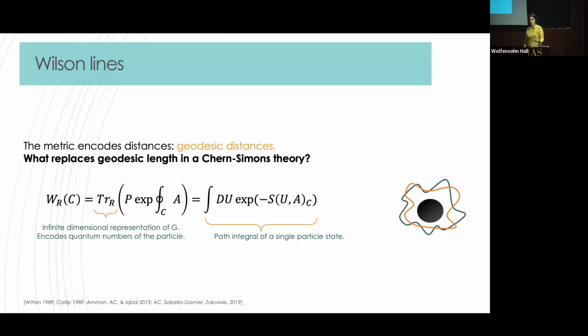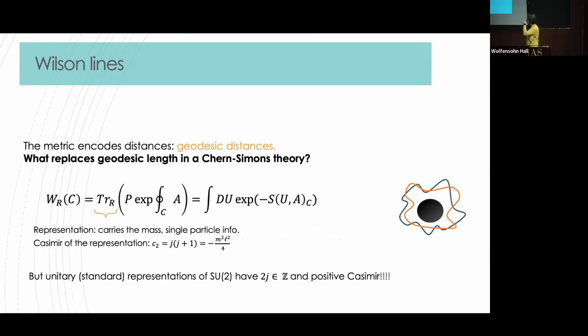That will tell you what m is. And so in that sense, you can say, okay, that's great. The representation carries information of the mass, in particular the Casimir of the representation carries the mass. And so for SU(2), the Casimirs you can always label as j times (j plus 1). And in the SU(2) case, it should be basically minus m squared L squared.